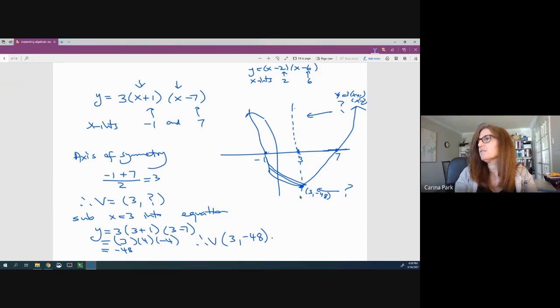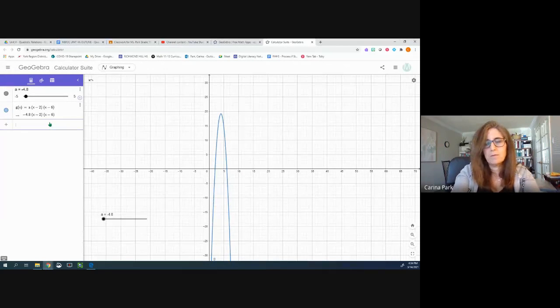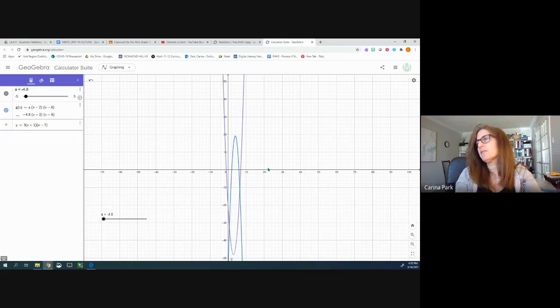Do you want to check this one, that the vertex is really 3, -48? I'll input this into GeoGebra real quick. Let's go y equals 3 times x plus 1 times x minus 7. And it is this new purple one that it drew.